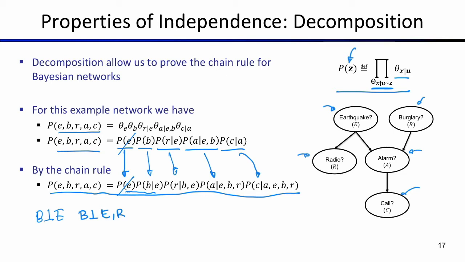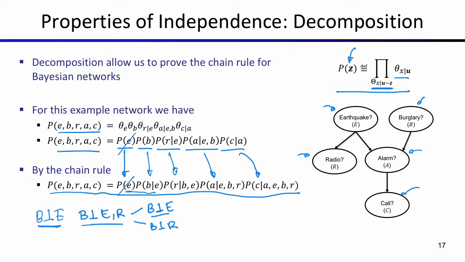So if you look at this, there is no match between this independence assumption here and the Markovian assumption. But we can use the composition and say that B is independent of E, and also B is independent of R. And now we have a match, right? So we have a match between these two guys here.